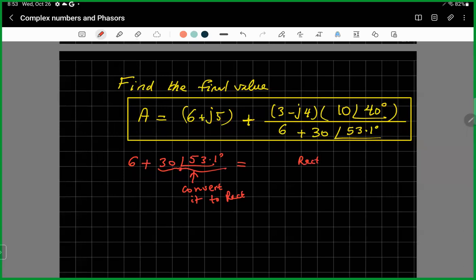So before I write the technique of this problem, the strategy of how to solve it, let's just call the names like this.